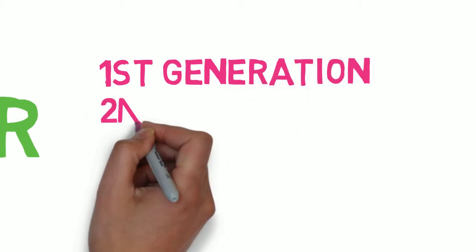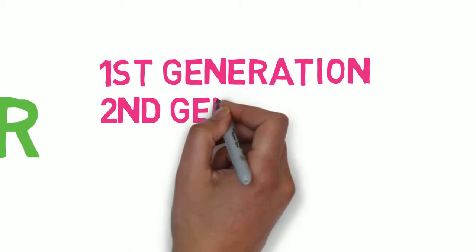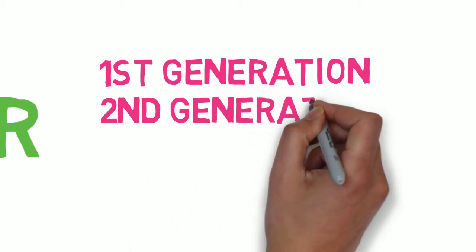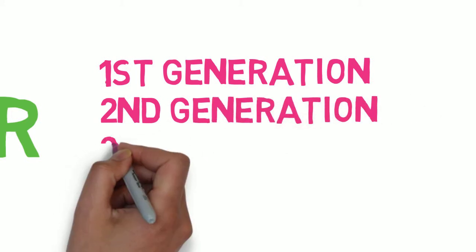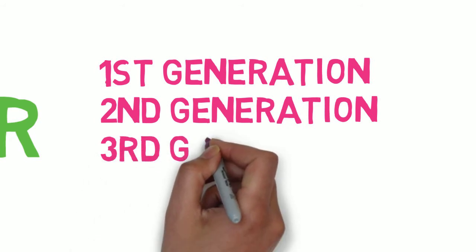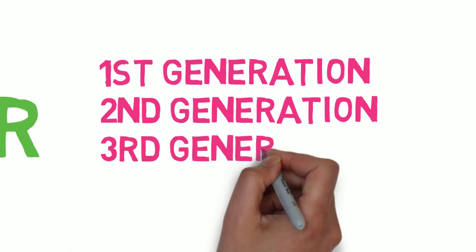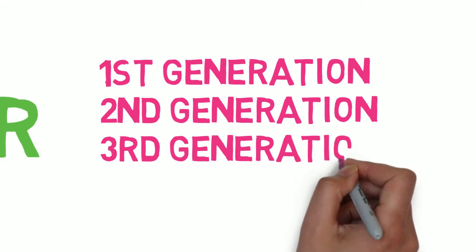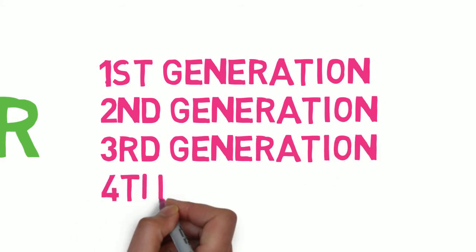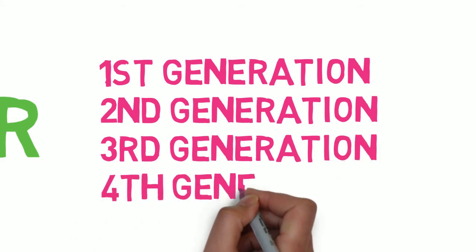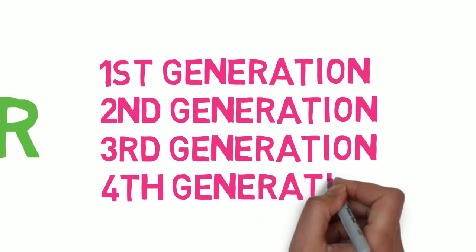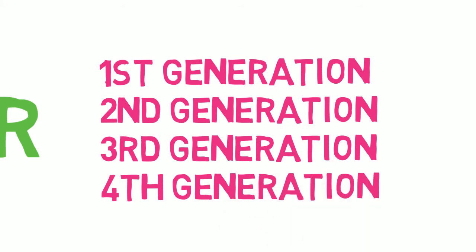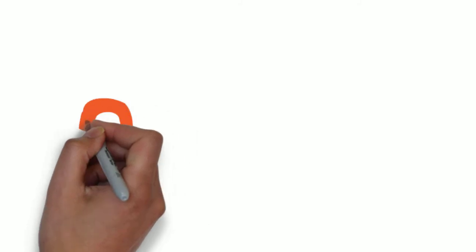The second generation concerns the economic, social, and cultural rights. The third generation concerns collective rights. And the fourth generation is discussed by some authors, and it contains the right to development, the right not to be poor, or biotechnology issues.